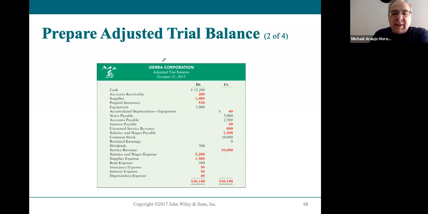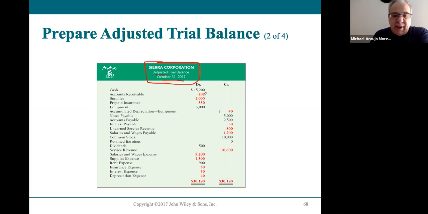I want you to notice all of those adjusting entries that we did in Learning Objective 2 and Learning Objective 3 for Sierra Corporation. This is their adjusted trial balance at the end of October 31st, 2017. Notice that some numbers are in red.